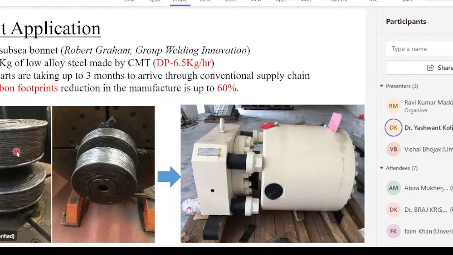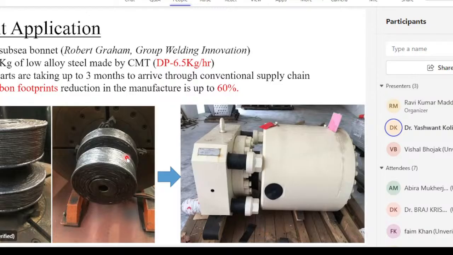So conventionally this component takes 3 months to make and assemble under a single roof, but CMT WAM has made it possible in hours or one day. This also gives a carbon footprint reduction of 60%, which is quantifiable, for this component.